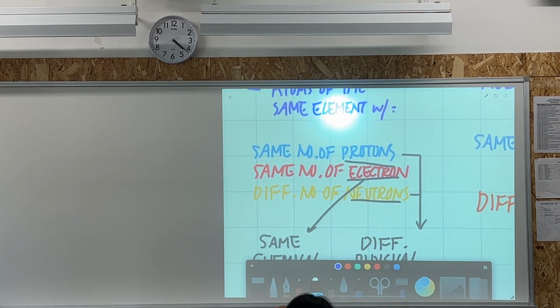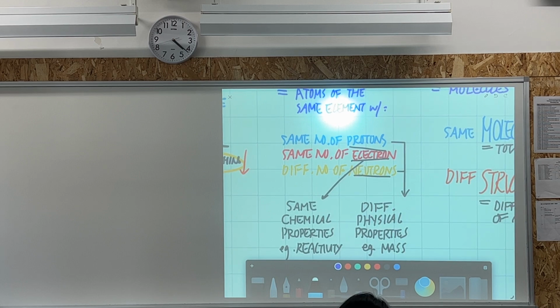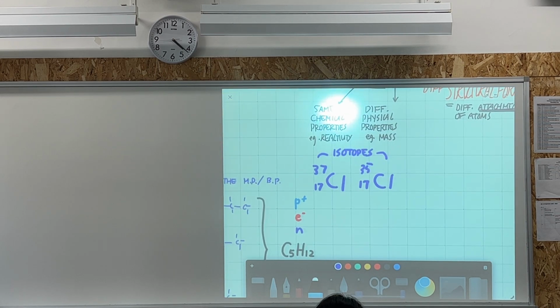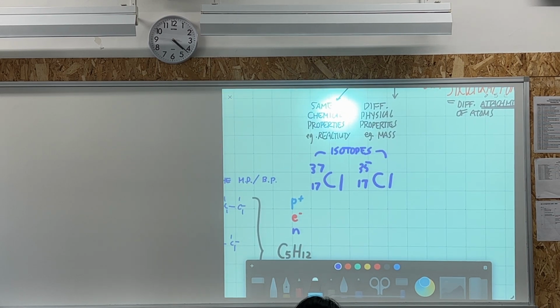The number of protons and electrons are equal in an atom, so 17 for proton and electron. The number of neutrons in the first example is 18, and in the second one 20, because 35 minus 17 is 18, and 37 minus 17 is 20.